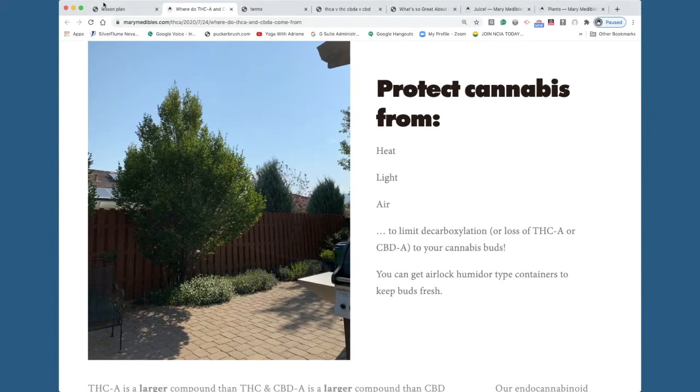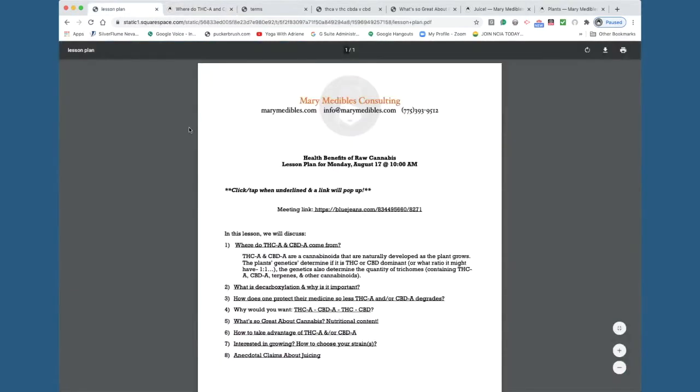we've gone over where CBDA and THCA come from, what decarboxylation is, and why it's important. Now, let's talk about why you would want THCA, CBDA, THC, or CBD.